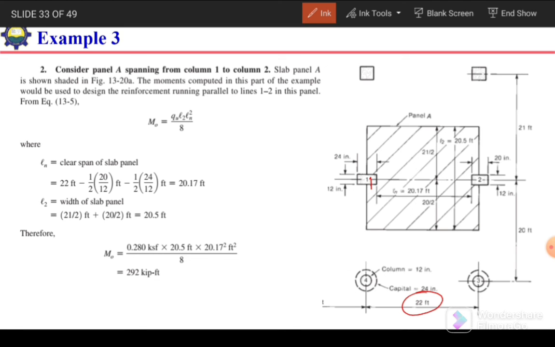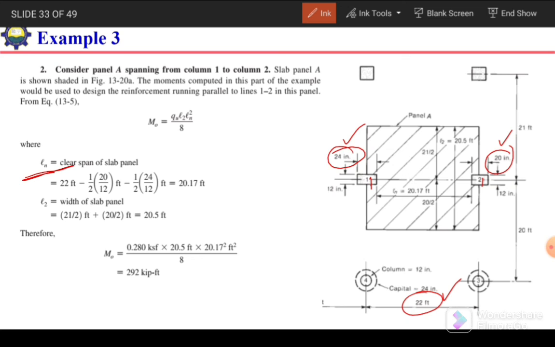From the center of this column 1 up to the center of this column 2, the distance is 22 feet. The dimension of column 1 is 24 inches and the dimension of the second column is 20 inches. So we need to subtract half of this 24 inch and half of this 20 inch from this 22 feet.